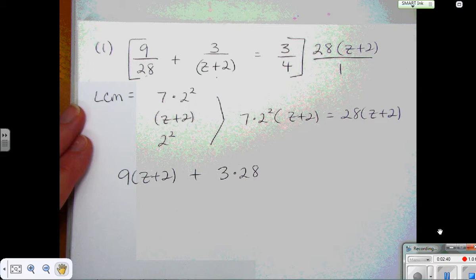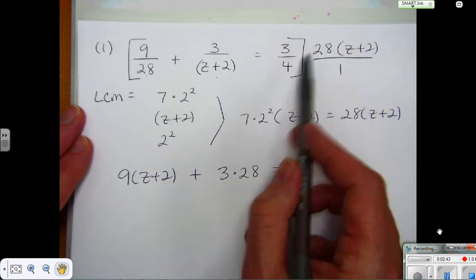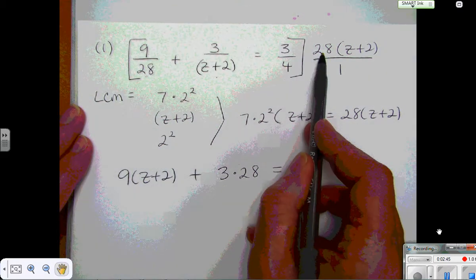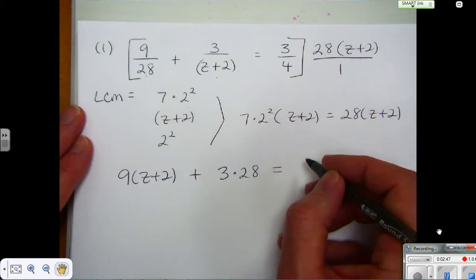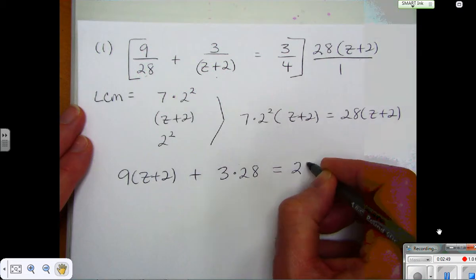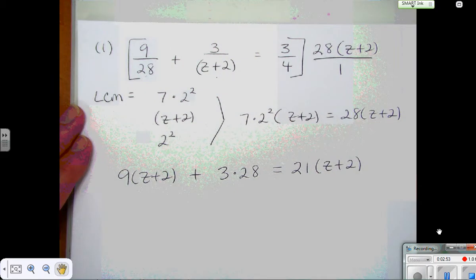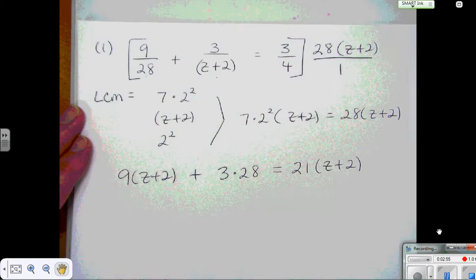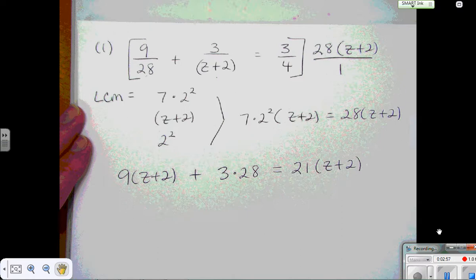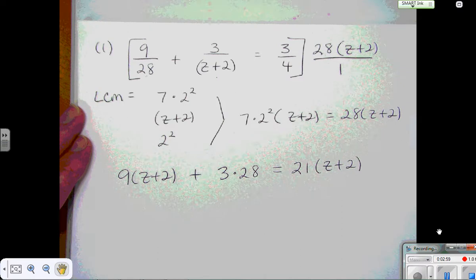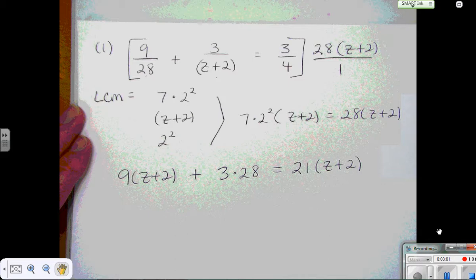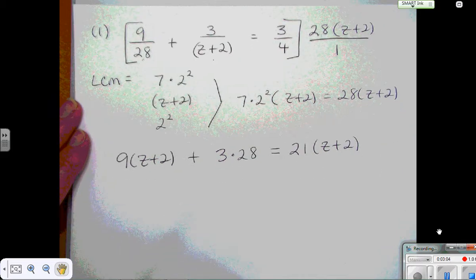And then your last fraction, the 4 and the 28 are going to reduce. So I'm just going to have 3 times 7, which is 21, times z plus 2. Any questions? Okay, so now we're just going to distribute, combine the like terms, and solve it like the normal equation.